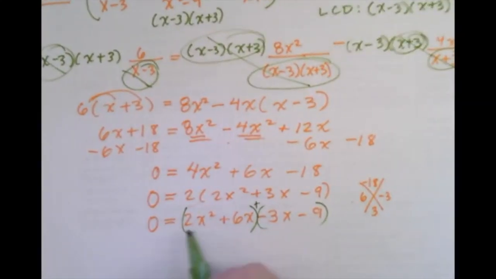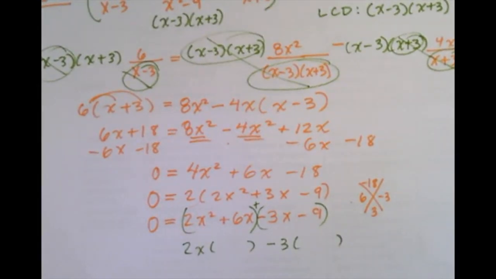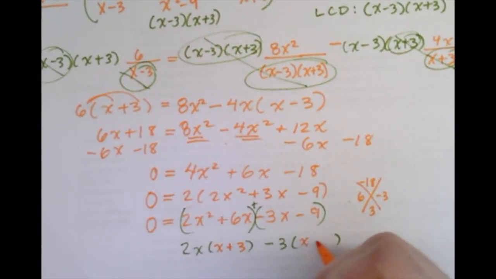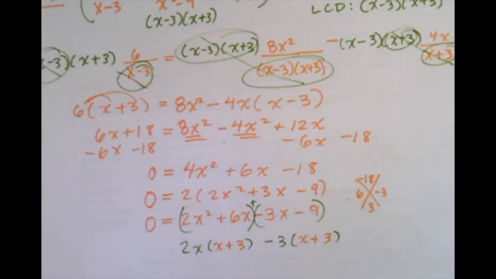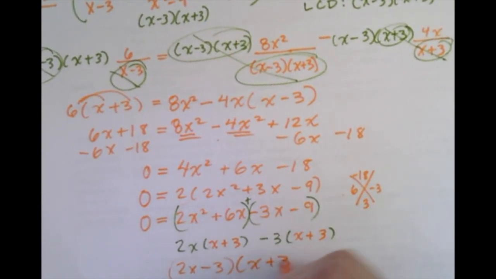So from the first 2, I'm pulling out a 2x. And from the second, I'm just going to pull out a negative 3. And then what's left over is x plus 3 here and x plus 3 here. So we get 2x minus 3 as one factor and x plus 3 as the other factor.